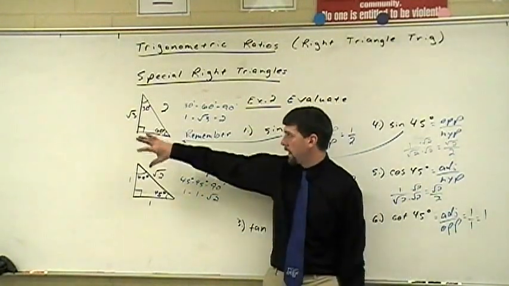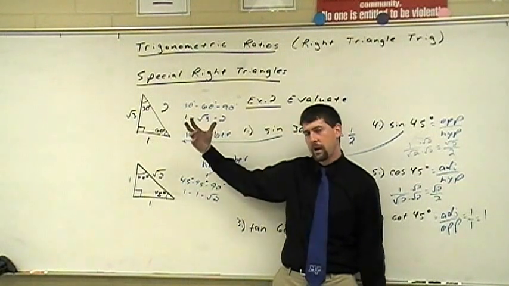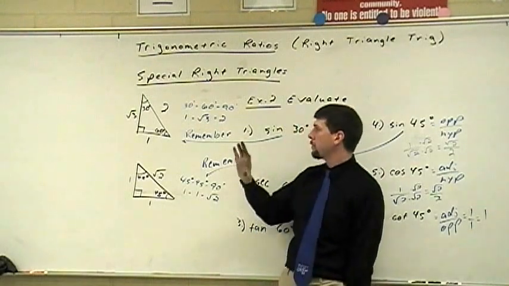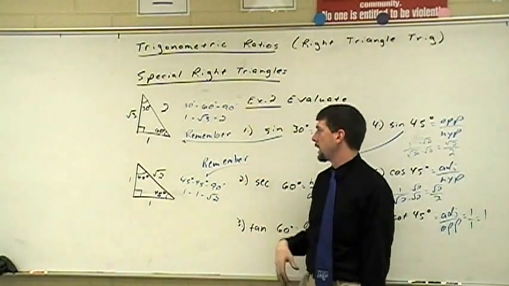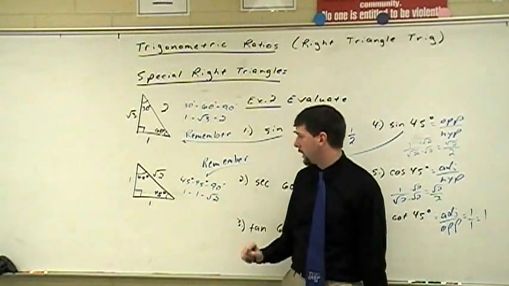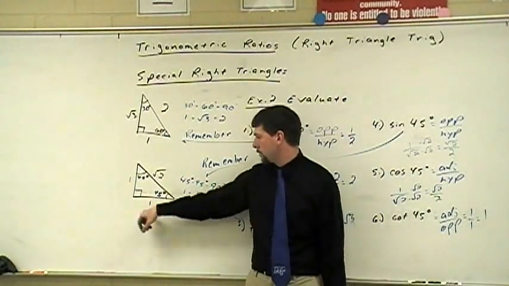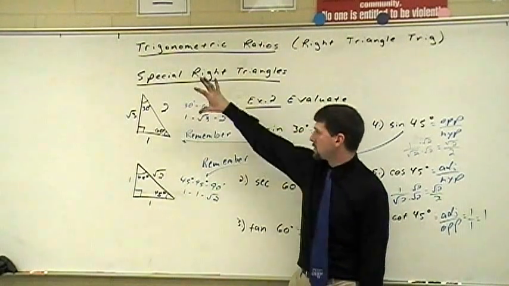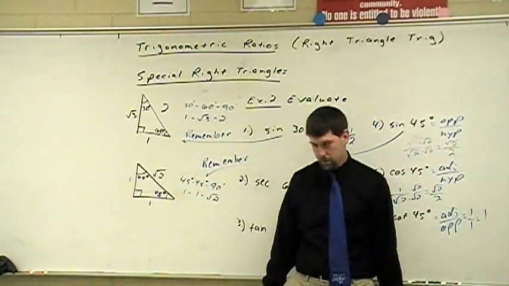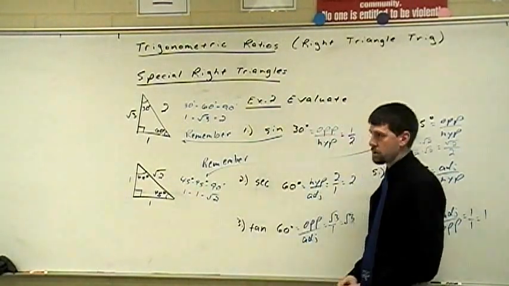But whatever the angle happens to be for that 3, 4, 5 triangle, I don't know that angle is associated with 3, 4, 5. But I know 30, 60, 90 is associated with 1, square root of 3, and 2. I know 45, 45, 90 is associated with 1, 1, square root of 2.